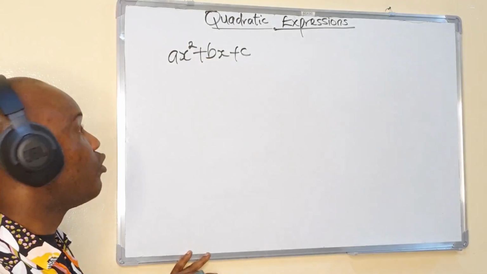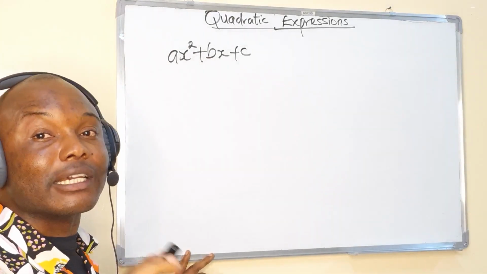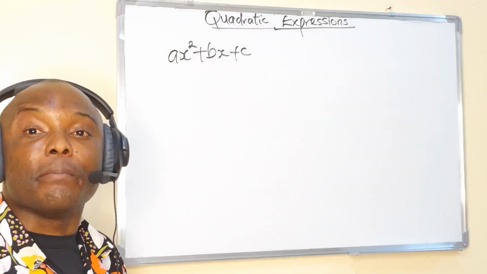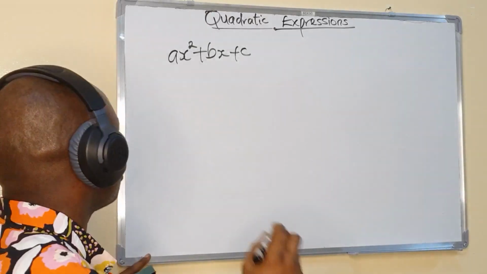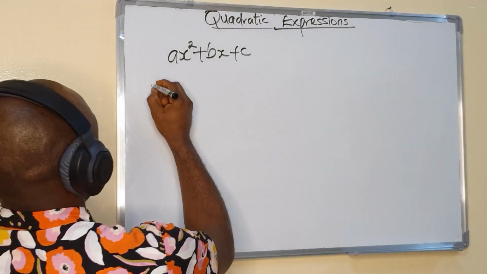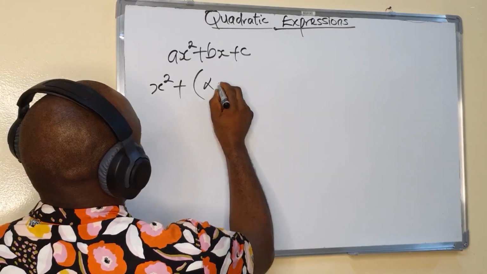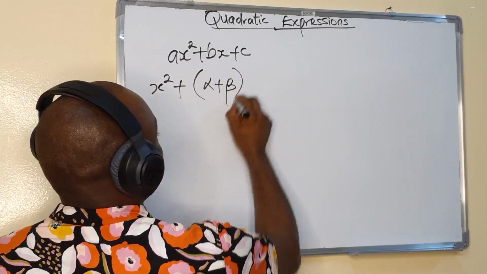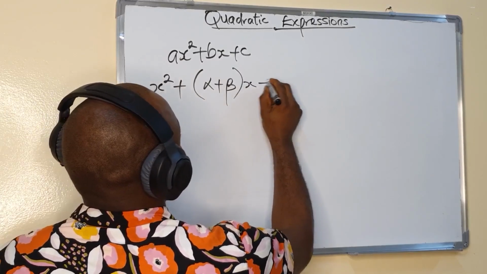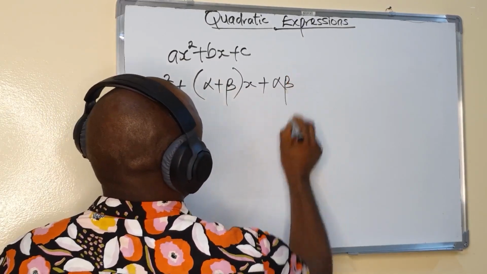Now, for us to be able to factorize any given quadratic expression, something important we can bear in mind is an expression of this nature: x squared plus, open bracket, alpha add beta, close bracket, x, plus alpha times beta.